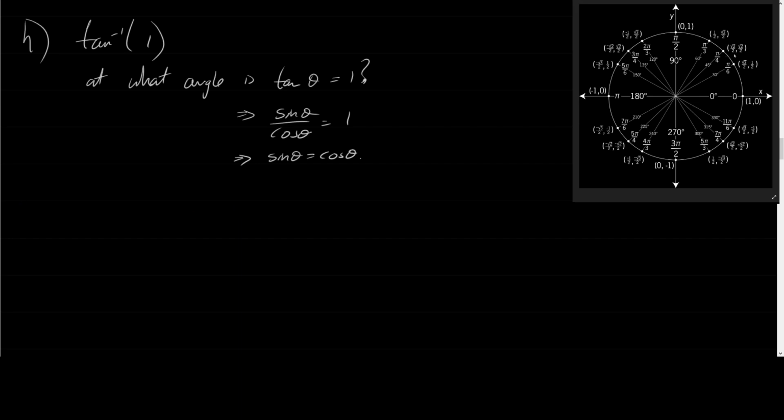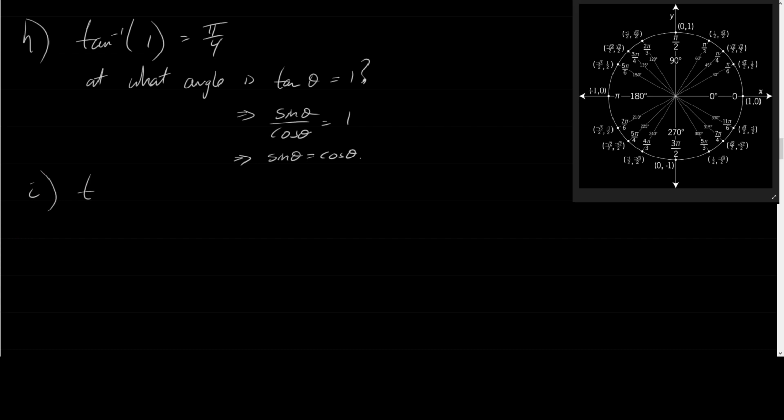It happens up here at pi over 4, where sine and cosine are equal to each other. But it also happens over here at 5 pi over 4. The thing about this is that 5 pi over 4 is not in the range of tan inverse, so the only value that we would care about is pi over 4. So tan inverse of 1 is simply pi over 4.